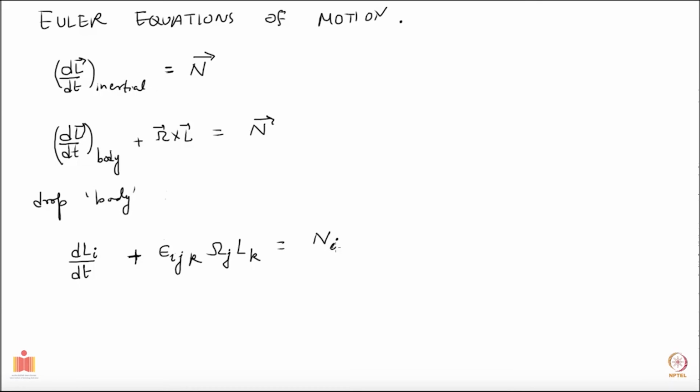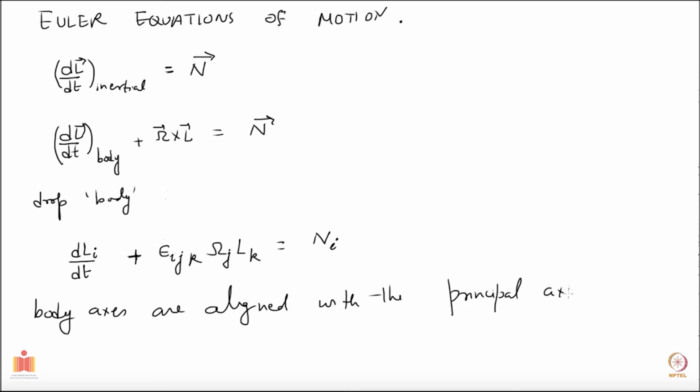Is that fine? Yes, that's correct. Now I can take the body axes to be aligned with the principal axes. If that is the case, then your L is just I times omega, where I are the principal moments.